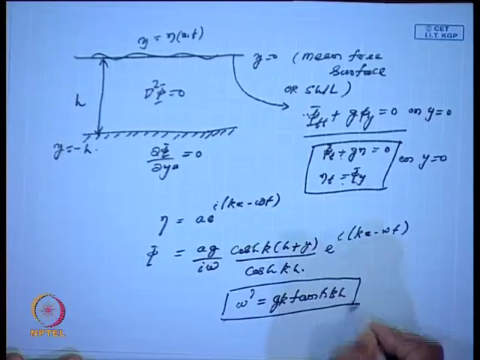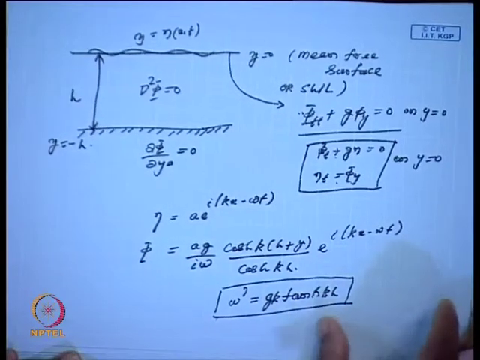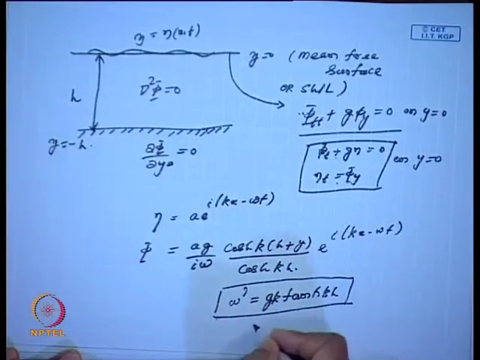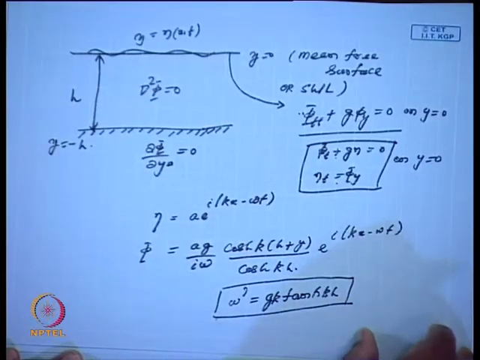Now, if I look at this dispersion relation, what about the behavior? Assume that I know the period of the wave. We have worked out several problems on this from the dispersion relation.